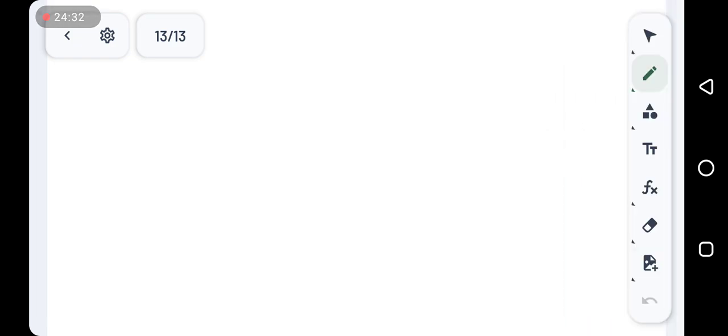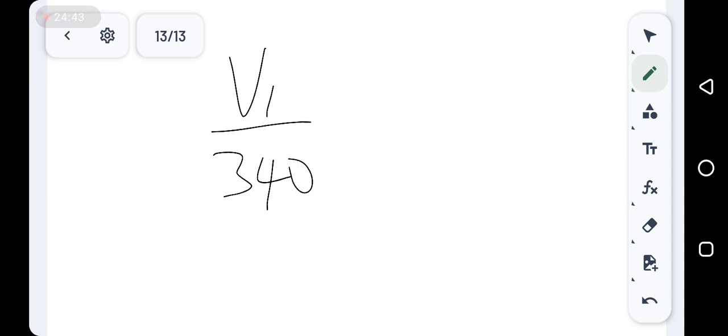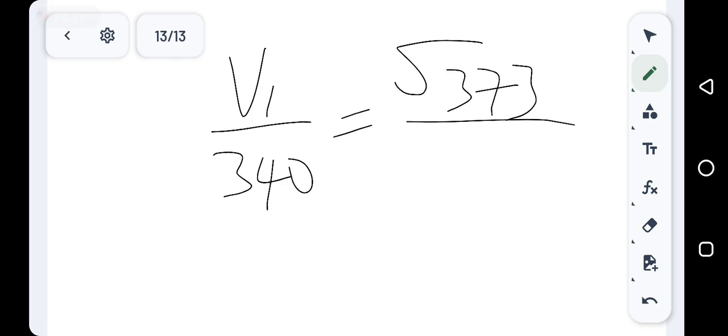If we put it there, we now have that V1, which is the one we don't know, over V2, which is 340, is equal to root T1, which is 373, over root T2, which is 273.